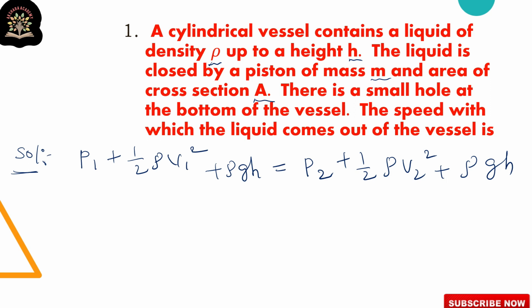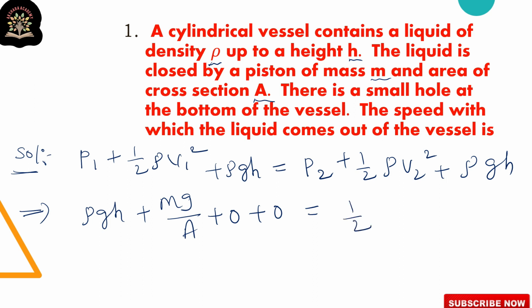So that is equals to, here rho gh plus mg by a plus 0 is equals to half rho v square.